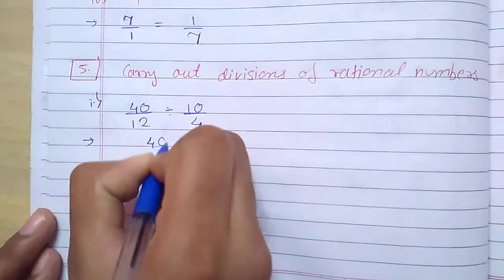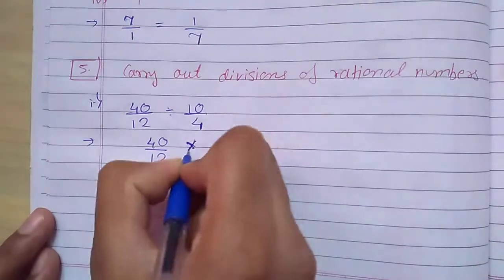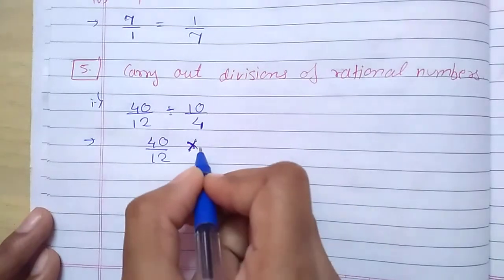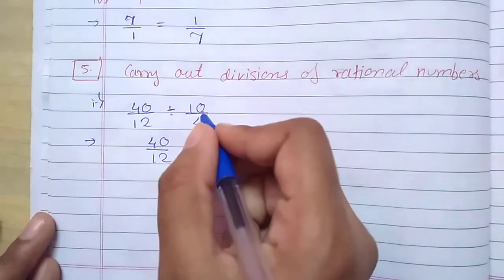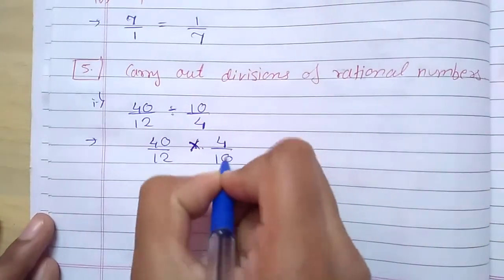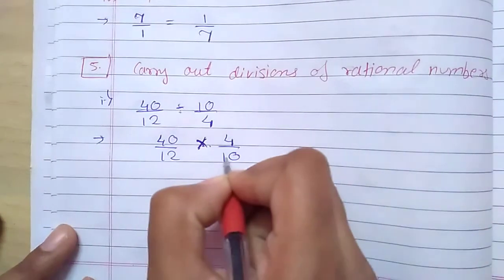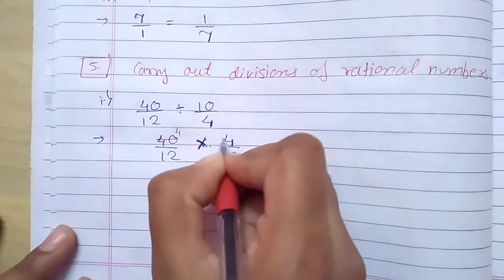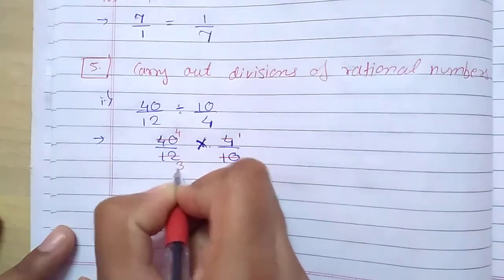See here, 40 upon 12 as it is, we should do a multiplication, and it is divide. When we convert it into multiplication, we will write the inverse of this number. Okay, we have 10 upon 4, then we will write 4 upon 10. Have you all got it? Now see here, 10 ones are 10, fours are 40, 4 ones are 4, threes are.